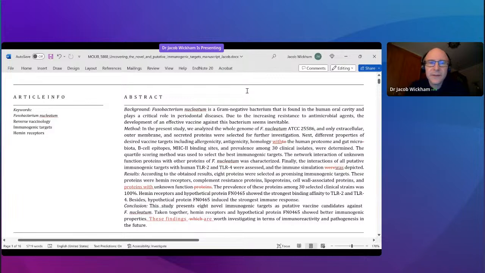There's some good background information. They described the methods in very good detail, and the results. They didn't include a lot of statistical tests. As you can see, there are some abbreviations here, like MHC. This should be defined at first mention in the manuscript.